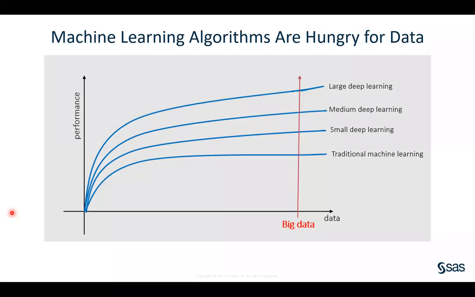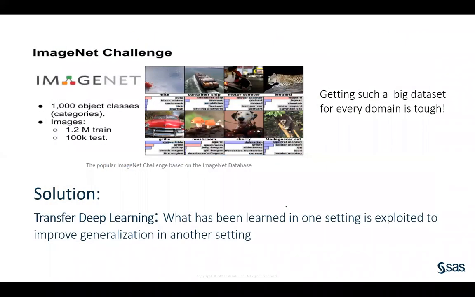Think about this: an autonomous car has to experience situations over and over again to master them, training to cope with every possible traffic and weather situation, and this requires so much data. So the predictive performance continuously increases for large deep neural networks as you add more and more data.